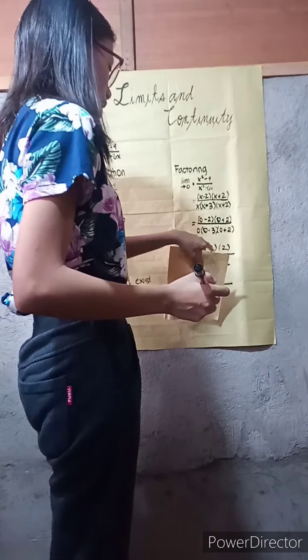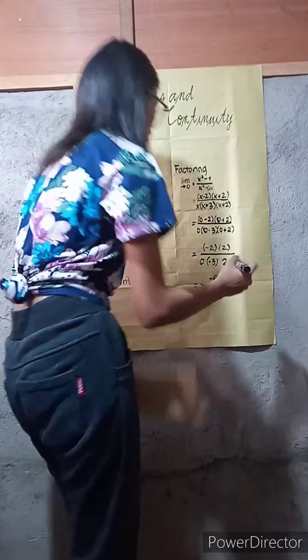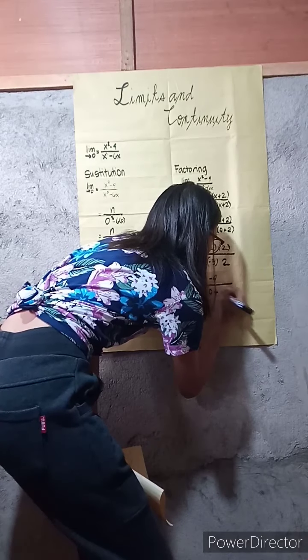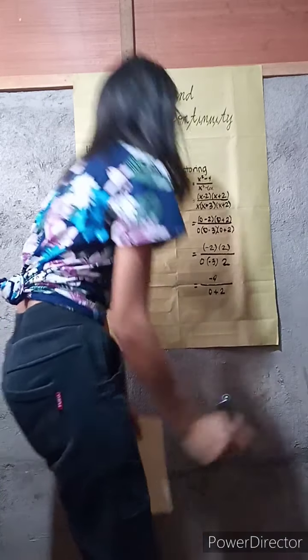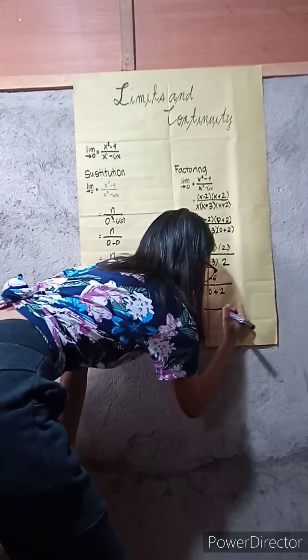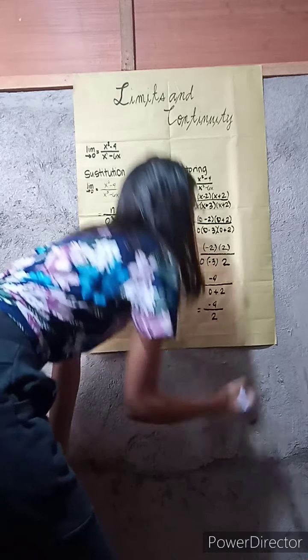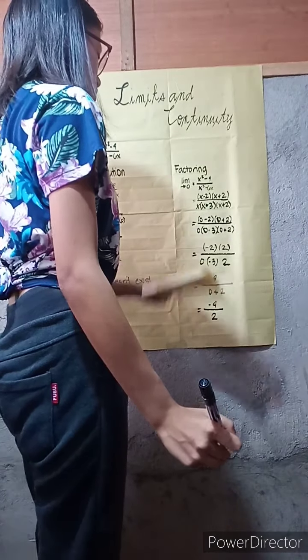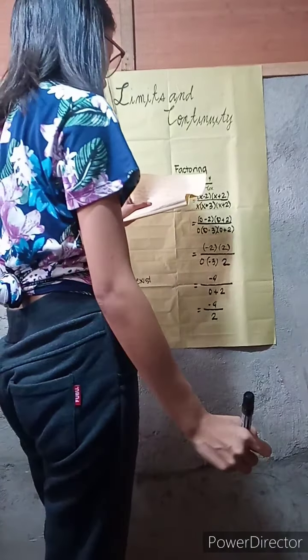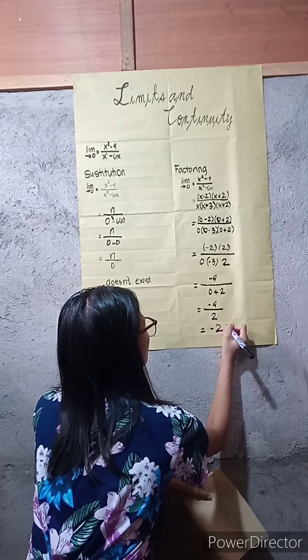Then 0 times negative 3 is 0, plus 2. So the value of negative 4 over 2, the limit as x approaches 0, is negative 2.